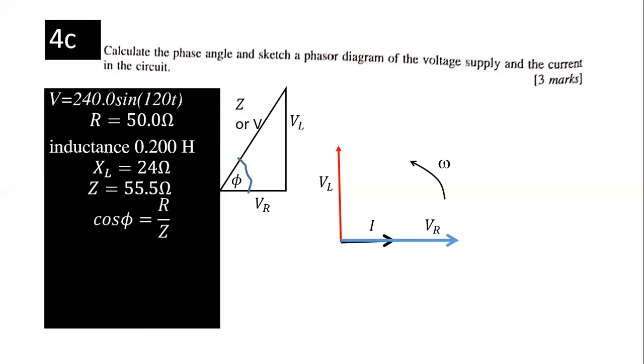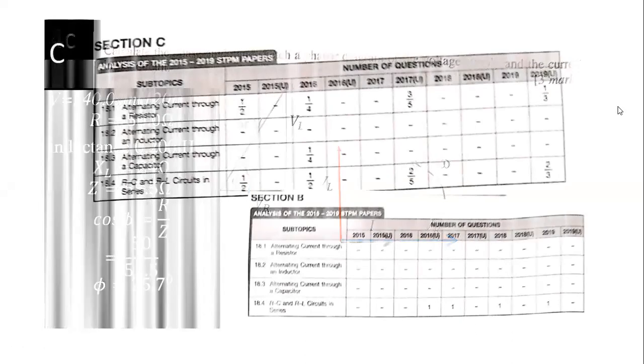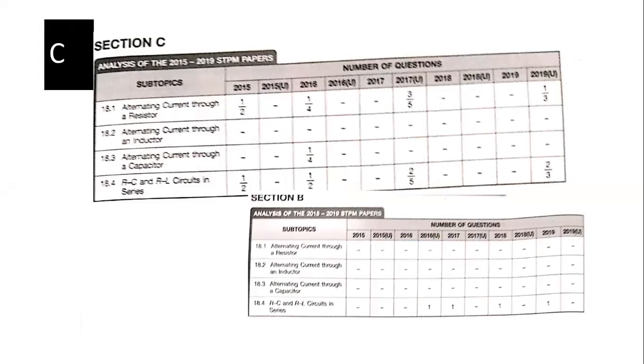Okay, quiet. No, I'm okay, sir. R is 50, Z is 55. Use your calculator. Okay, let's go to part C.